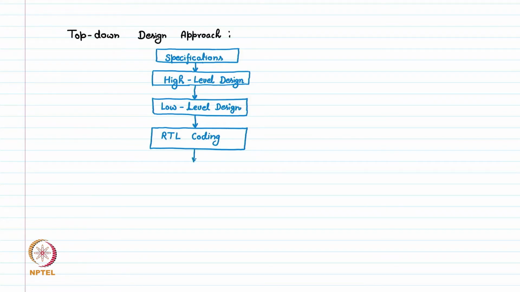At this step, once we do the coding, then we do the verification so that we know that whatever we have implemented is working as per our desired results. So we do the functional verification.